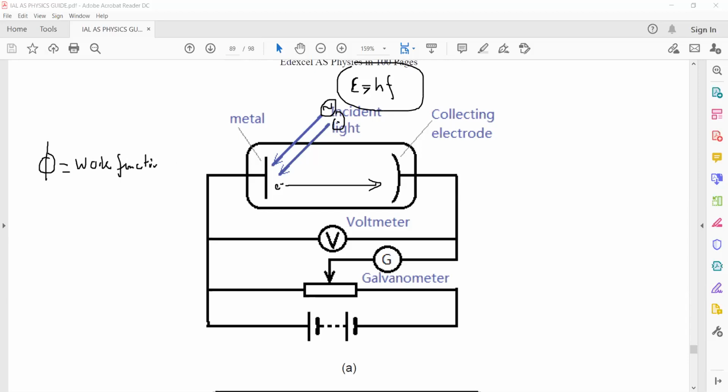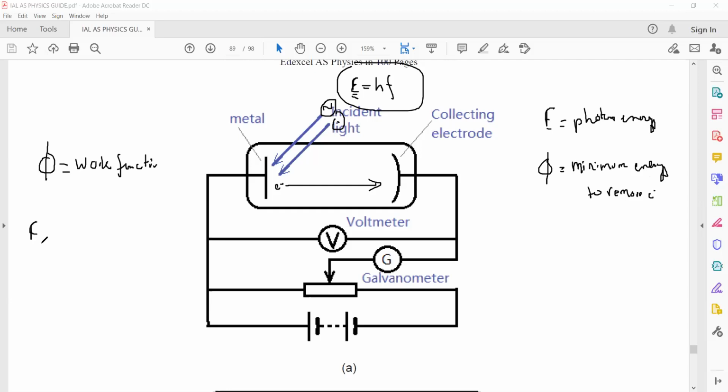E is the energy of a photon, or photon energy, and phi is the minimum possible energy to remove an electron, which is also called the work function. The minimum possible energy required to remove electrons is simply known as the work function.